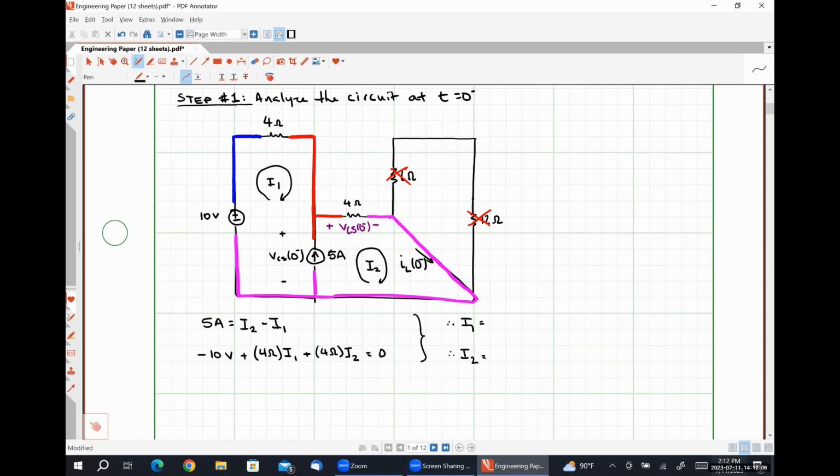Solving this system, I get I1 to be -5/4 of an amp and I2 to be 15/4 of an amp.